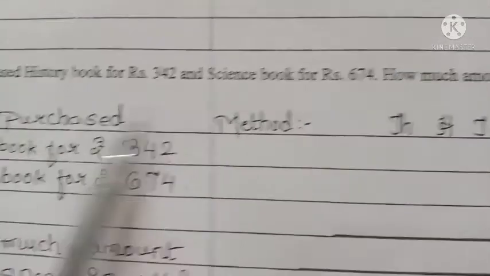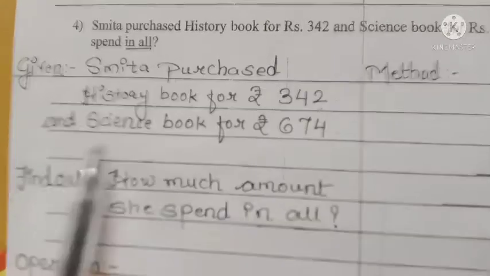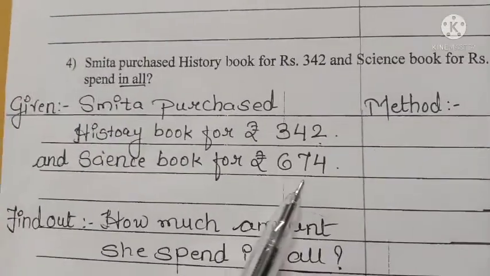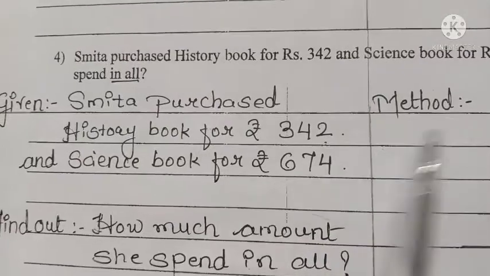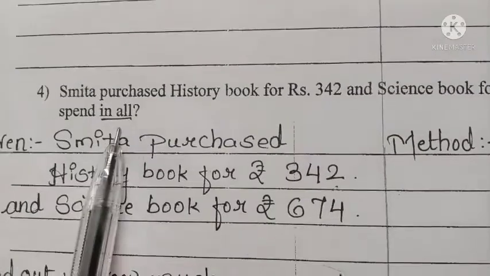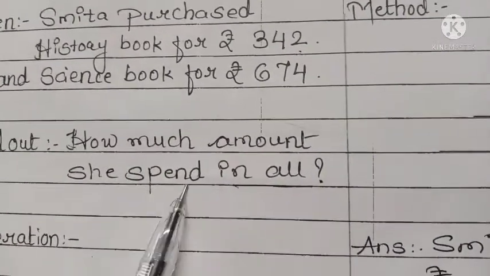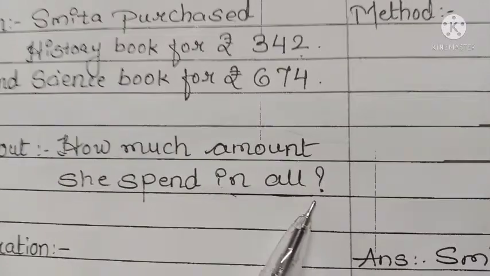So we have to write this in given. And what is asked here? How much amount she spent in all? So this we have to find out. Write down how much amount she spent in all, and give a question mark here.